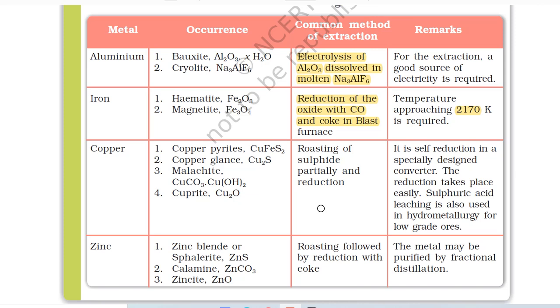Sulfuric acid leaching is also used in hydrometallurgy for low-grade ores. Then zinc metal. Occurrence: zinc blende or sphalerite, ZnS, calamine, ZnCO3 and zincite, ZnO. Common method of extraction: roasting followed by reduction with coke. Remarks: the metal may be purified by fractional distillation.